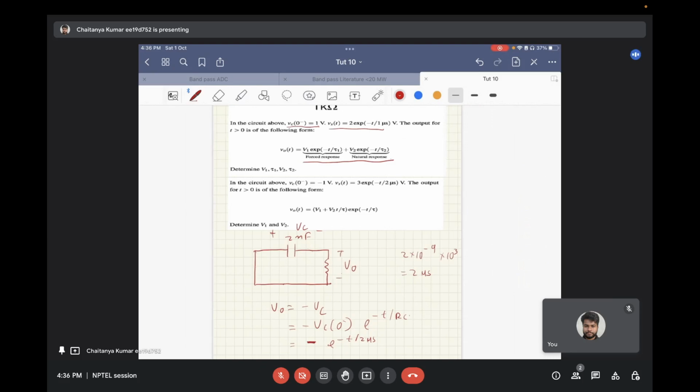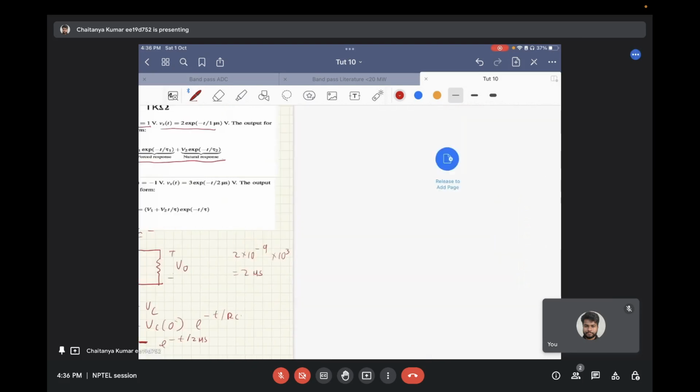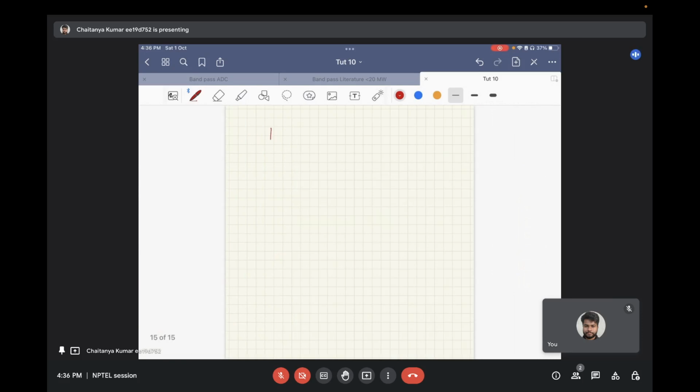Now we find the response due to the input. Again, the input in this case is an exponential, that is 2 into e to the power minus t upon 1 microsecond, that is there on this circuit.